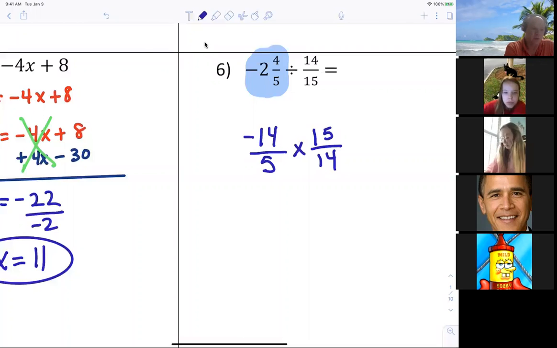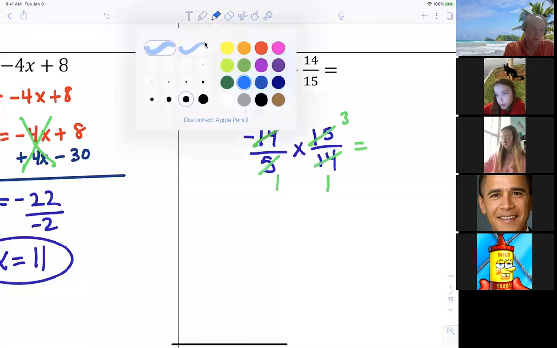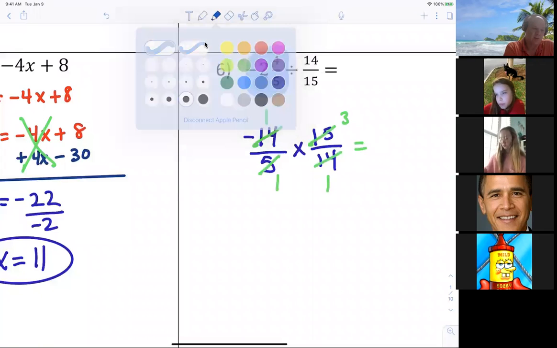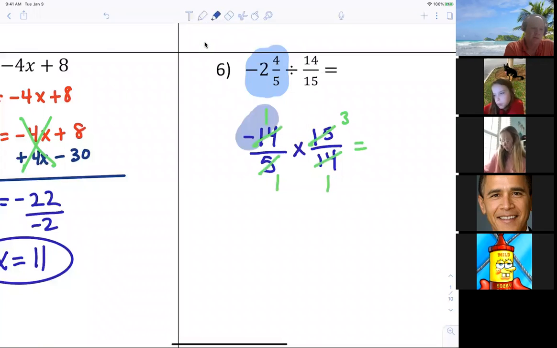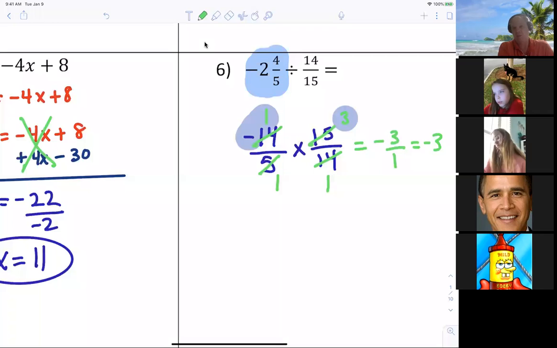Now we're trying to cross cancel. 5 goes into 5 once. 5 goes into 15 3 times. 14 goes into 14 once. So now you got to be careful. Would that make it a negative? Yes, I was just going to say, good job. A lot of kids forget the negative. Beautiful. So technically we say -3 over 1, but that's the same as -3. Good, guys?